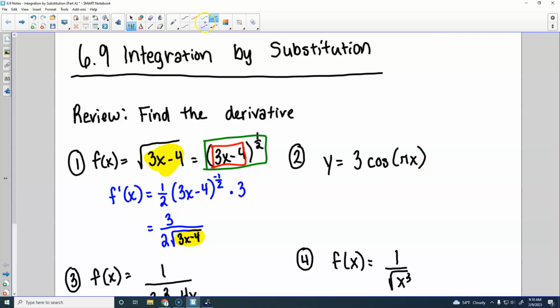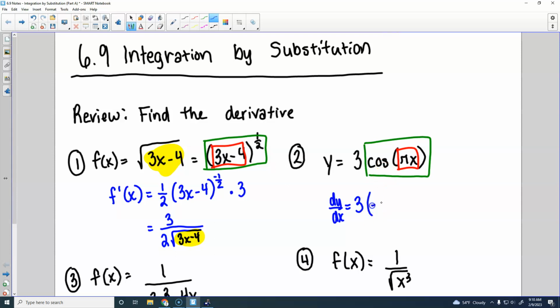So again, we have an outside function, which is that cosine, and then we have the inside part, which is pi times x. So to take that derivative, we would leave the 3 outside because it's the coefficient. We would take the derivative of cosine. What is the derivative of cosine?